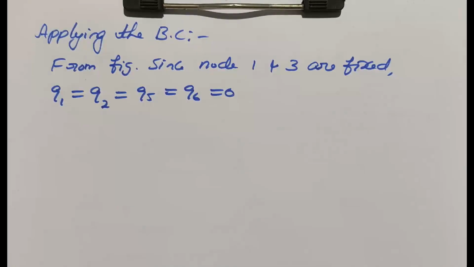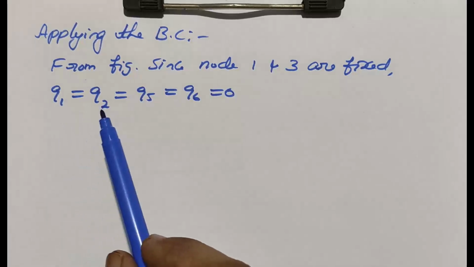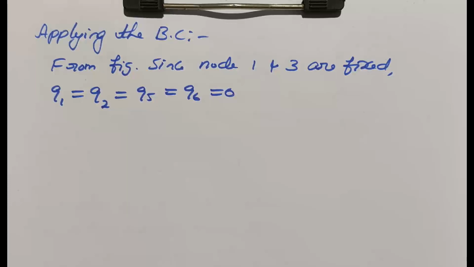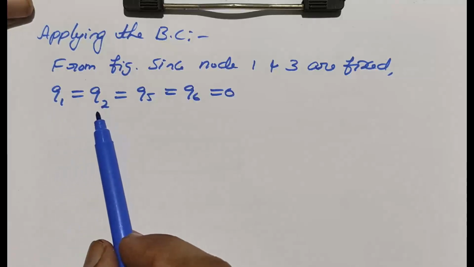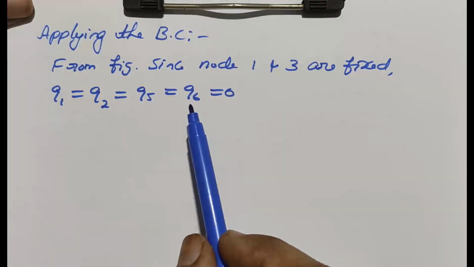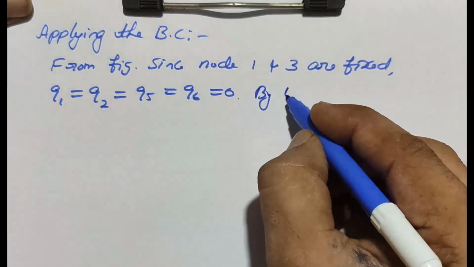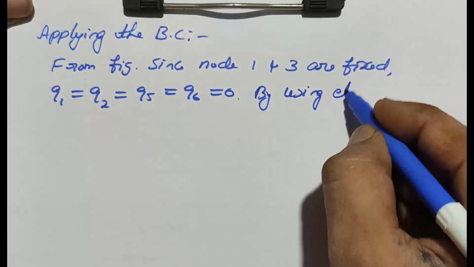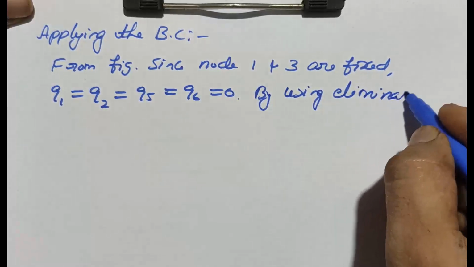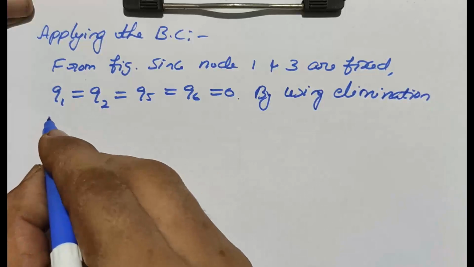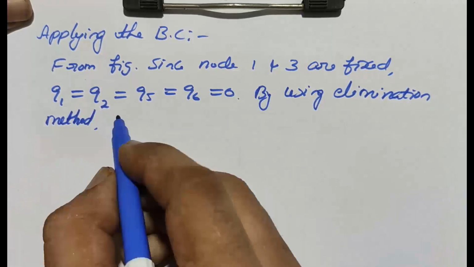Now for applying the boundary condition, we will use elimination method. See, according to the elimination method, since Q1, Q2, Q5, Q6 are 0, we can eliminate the corresponding rows and columns. Means you can eliminate first row, first column, second row, second column, fifth row, fifth column, sixth row, sixth column.